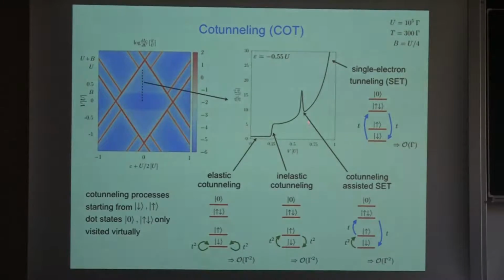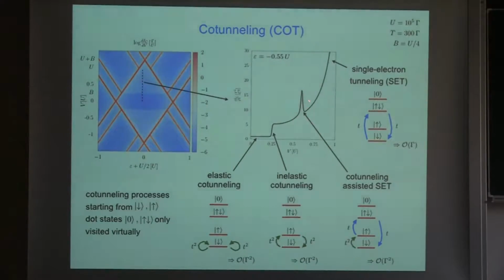When you move further out, there is the so-called cotunneling assisted single electron tunneling. This is a more complicated process. Usually you would say that since it's still inside the Coulomb diamond, I will not have single electron tunneling processes.